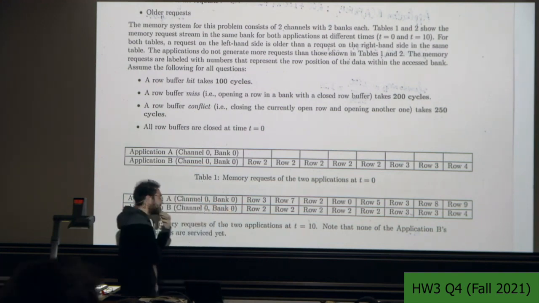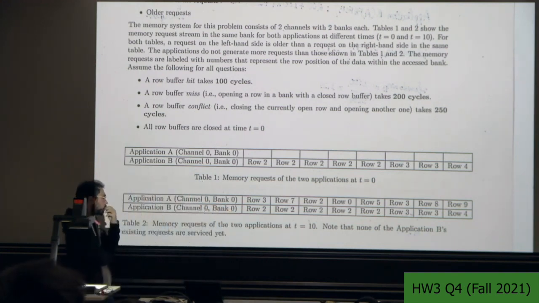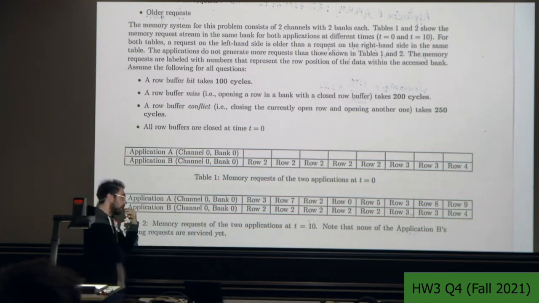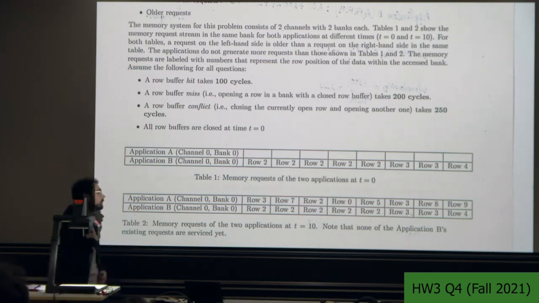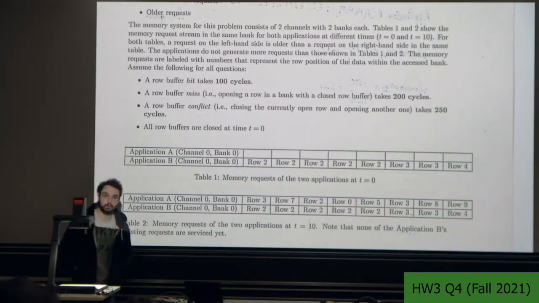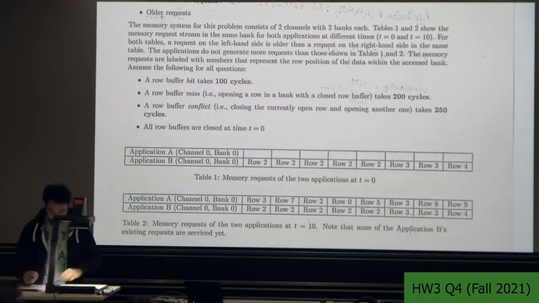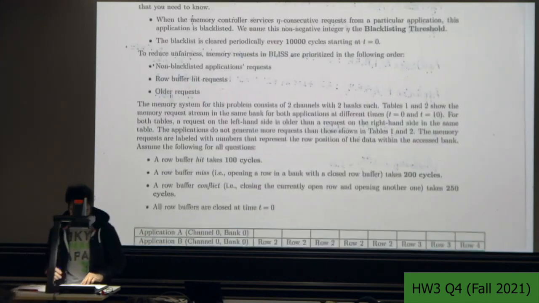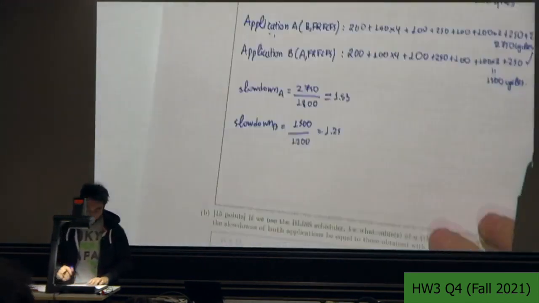Yeah. That's true, I think I agree with you. Yes, because we can service row 2, so it's the same thing essentially. Yes, I think the slowdown will be the same. You're right. Good catch. And then n equals 1.